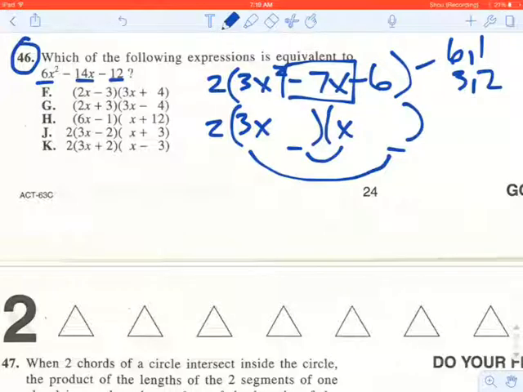Typically it'll be the numbers that are closer together, unless this middle term is very, very large, either positive or negative. This is the set that I would prefer you try first. That'll typically be the right one, the ones where the numbers are closer together, 3 and 2 versus 6 and 1.